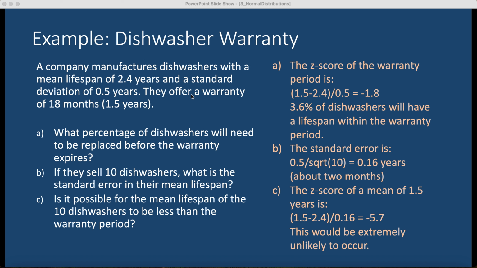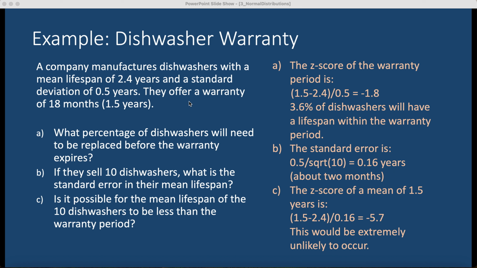Now the warranty, if you're the manufacturer, you want to offer a warranty where your products are probably going to last longer than the warranty, right? You don't want to be replacing products all the time. You want to have the warranty period set so that you know how good your manufacturing is, and the lifetime of the product is longer than the lifetime of the warranty.